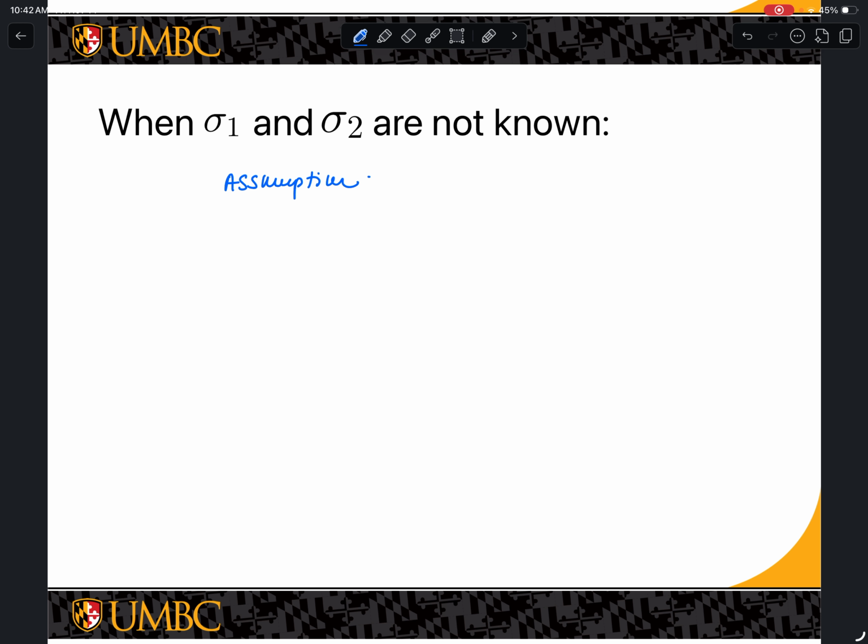That's important, so let me write this. Case 3, samples are drawn from normal populations. In the previous setup where we had one population, one sample was drawn from a normal population.